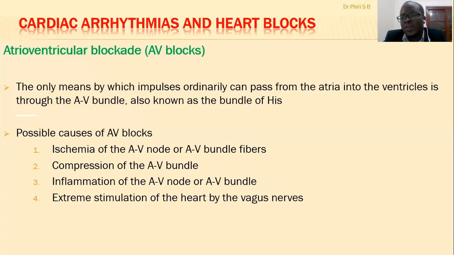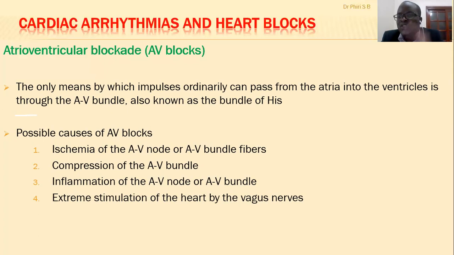And this acetylcholine has an effect on the SA node and the AV node. So with much stimulation of the vagus nerve, you get production of acetylcholine that will go and bind to M2 receptors, muscarinic receptors that are found within the SA node and the AV node.